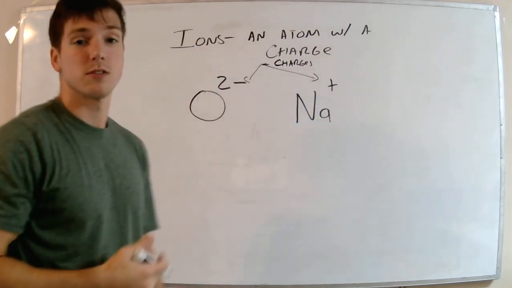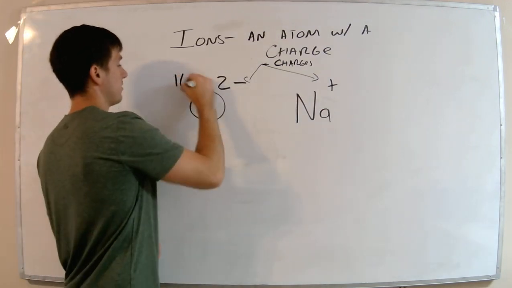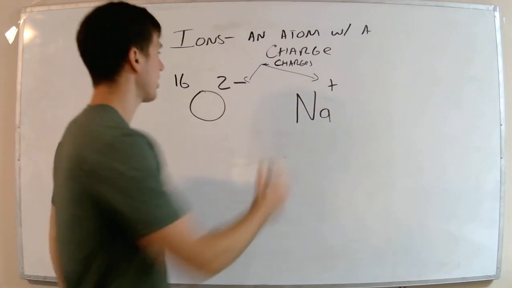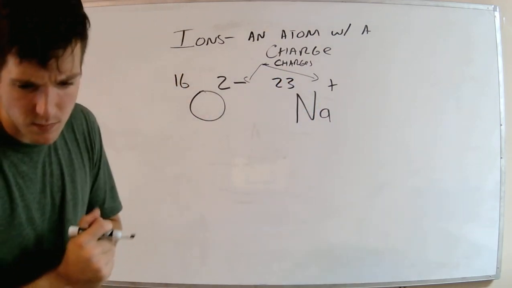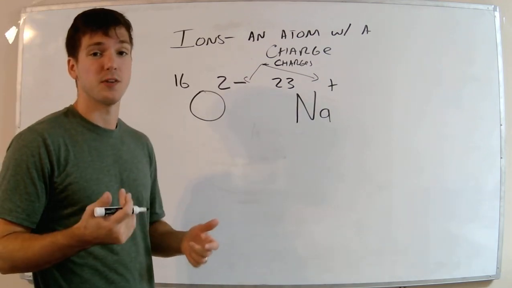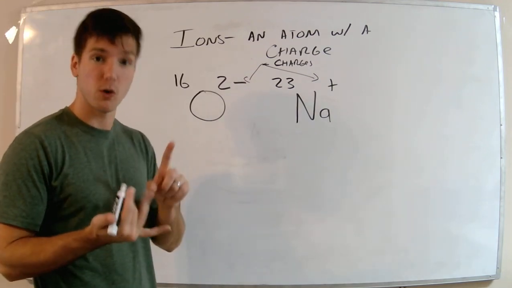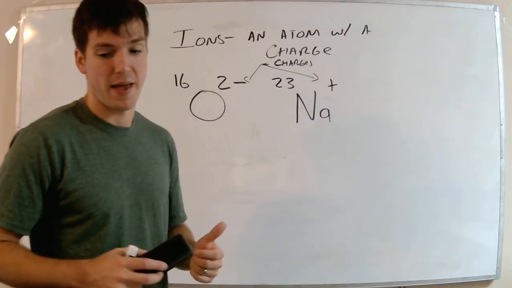Alright, so now you'll start to see combinations of symbols with mass number and charge, like so. Alrighty? So, the main thing that we're going to be doing today is listing protons, neutrons, and electrons based on the charge and the mass number.